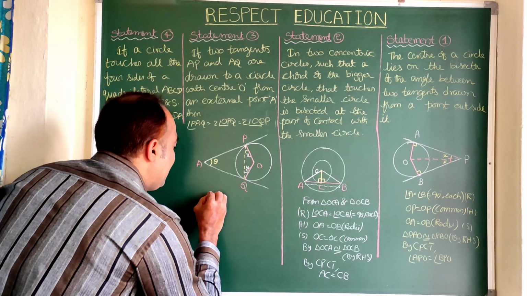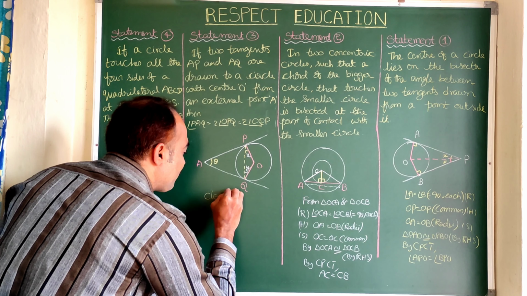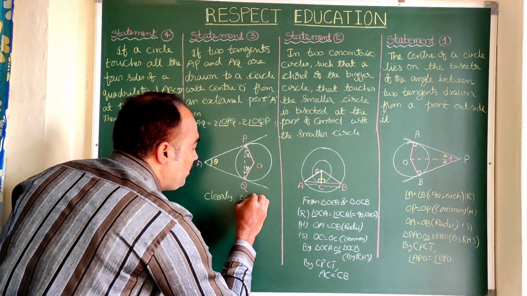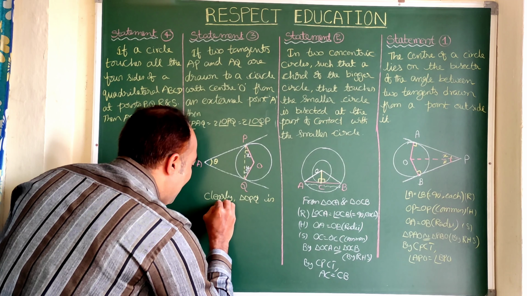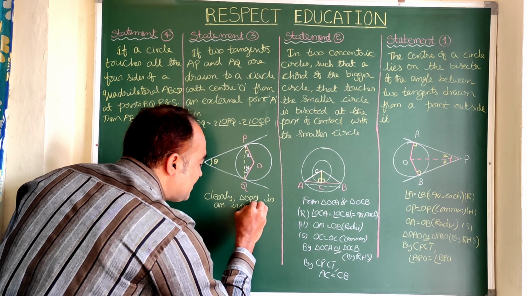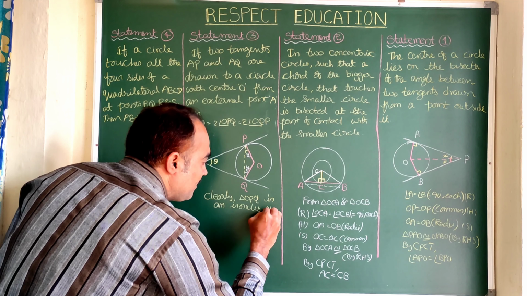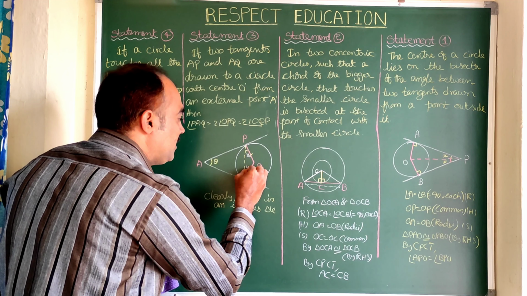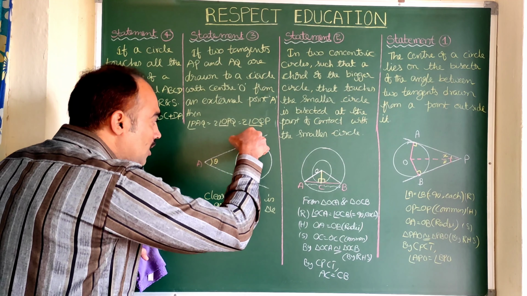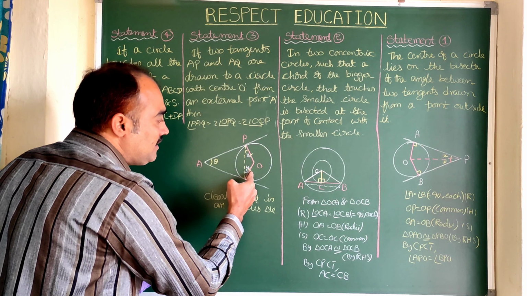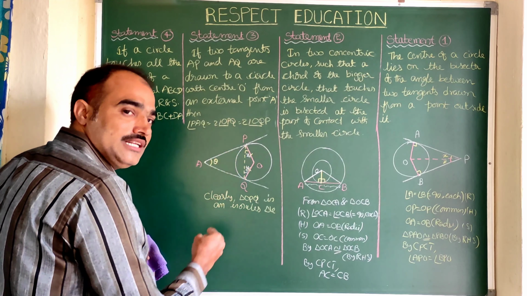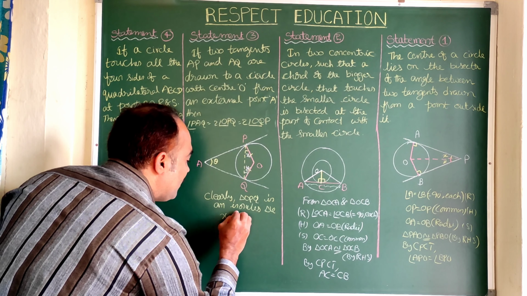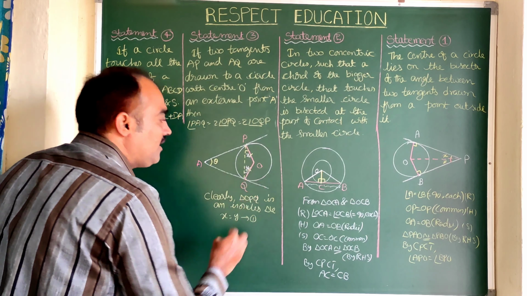So we can write: triangle OPQ is an isosceles triangle since OP is equal to OQ. The angles opposite to them are equal, so x is equal to y. Let us take it as equation number 1.